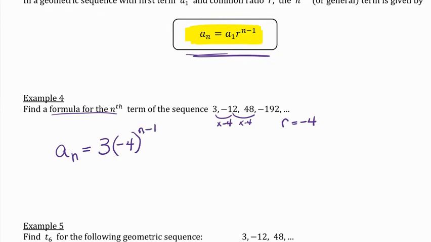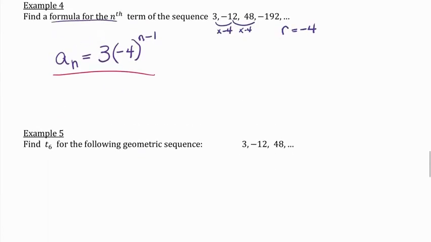Now ask yourself real quickly, would I be allowed to just say that that's -12 to the n minus 1? And I hope you're yelling at me and saying, no, Miss Mac, you can't do that because you have to do exponents before you can multiply. So be careful there. Watch your order of operations. I can't simplify that rule. That's as easy as it gets. So when we use the rule, we have to do the exponent first, then multiply by 3. Follow PEMDAS.